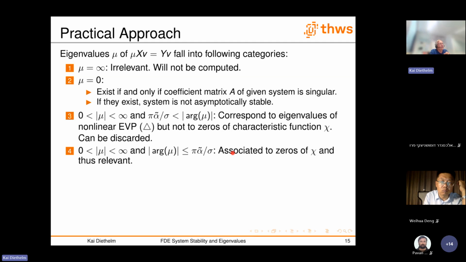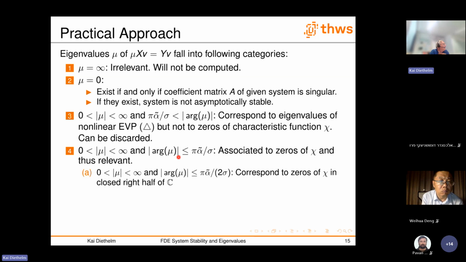And then the crucial question was, are the zeros in the open left half or in the closed right half of the complex plane? This is something that we can also reformulate in terms of the argument of those eigenvalues mu. The first case is when the absolute value of the argument is less than or equal to pi times alpha tilde divided by 2 times sigma.